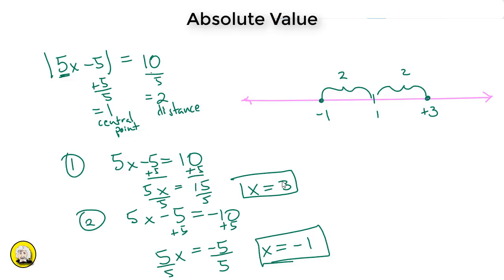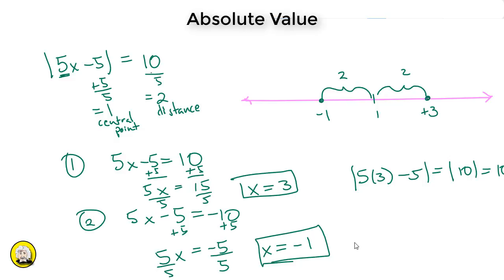If they did not work, you know you made a mistake somewhere along the way and something is wrong. So in this case, let's say 5 times 3, plugging in 3 for x, minus 5, the absolute value, and that will evaluate to 15 minus 5, so that's 10, and sure enough, that just equals 10.